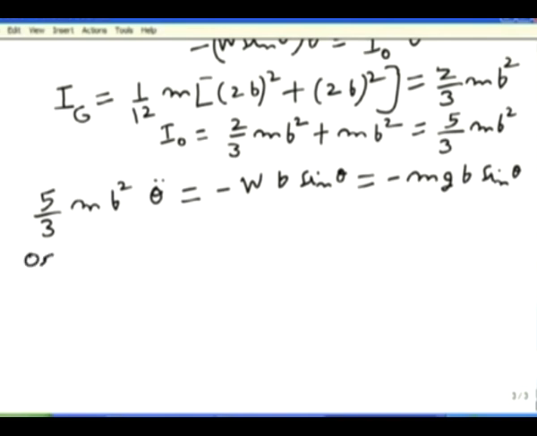or theta double dot plus 3 by 5 g by b sin theta is equal to 0.